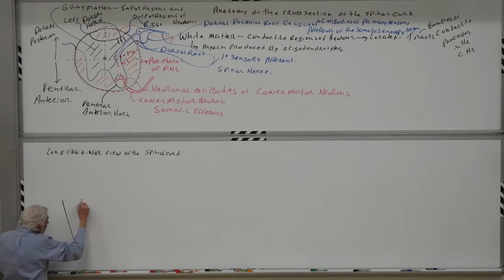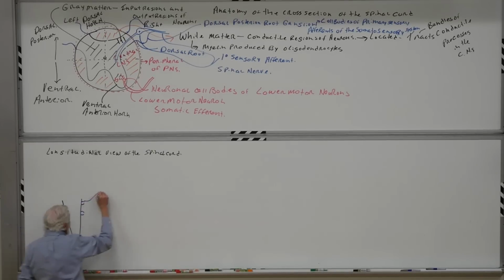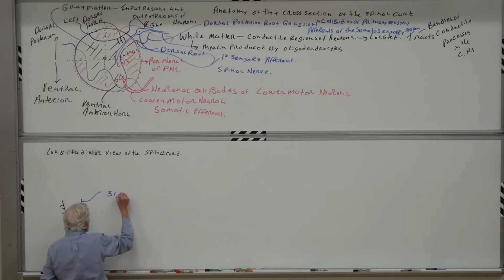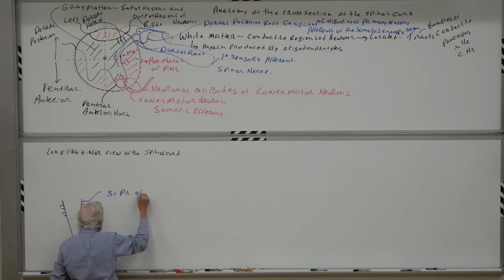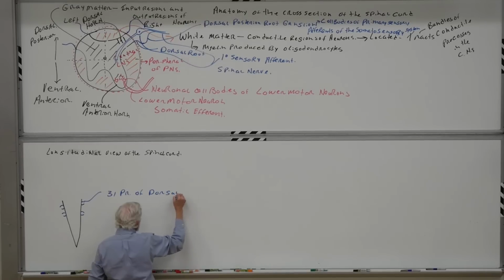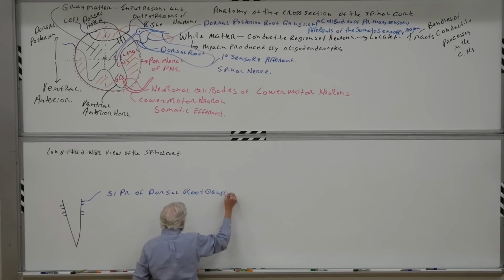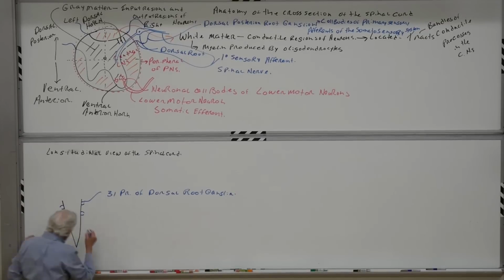And right outside the spinal cord, and I won't draw them all in, will be the 31 pairs of dorsal or posterior root ganglia. So we see this repeating pattern all along the length of the spinal cord. There are 31 pairs of these.